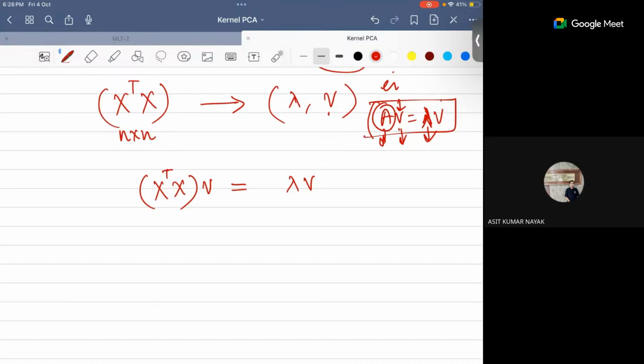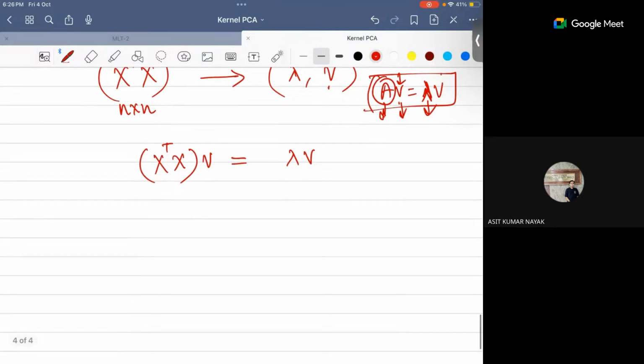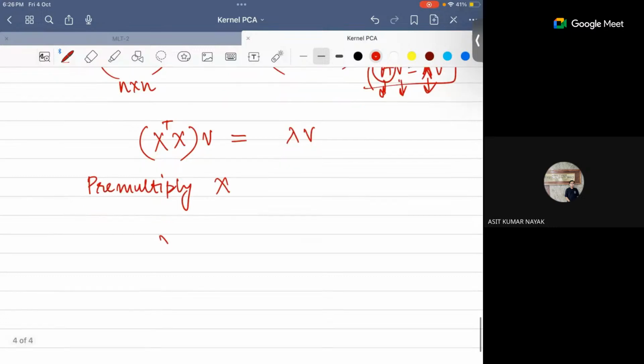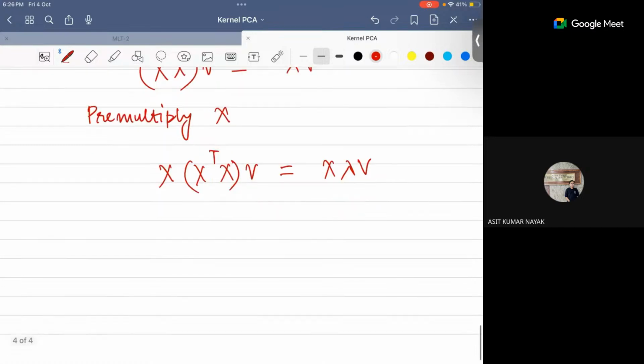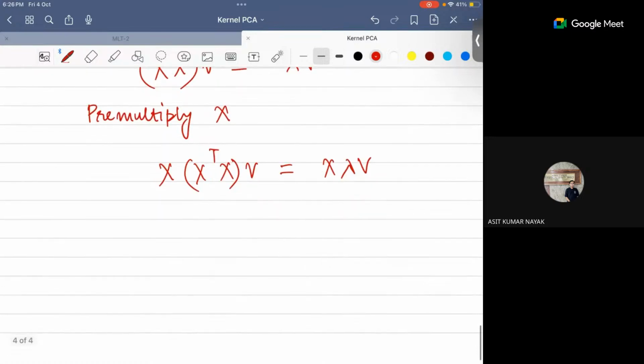Now if we pre-multiply by X, we get X X transpose X v equals X lambda v. Lambda is a scalar, so we can shift it anywhere.